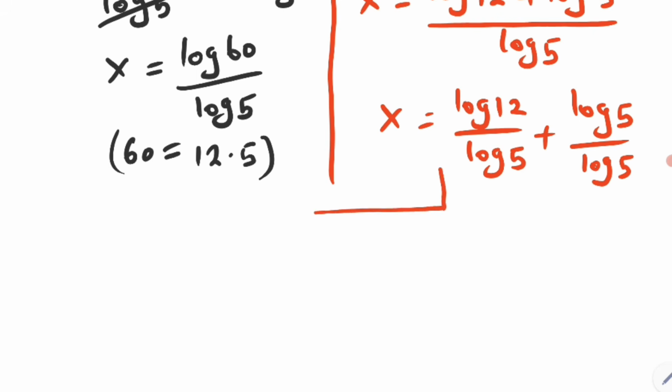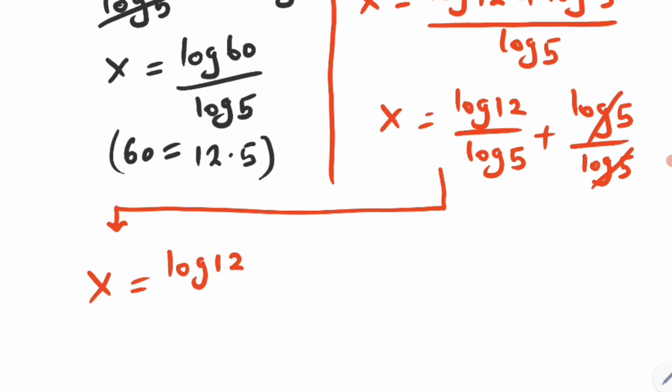Then from here, this log 5 cancels this log 5. s is equal to log 12 over log 5 plus 1.